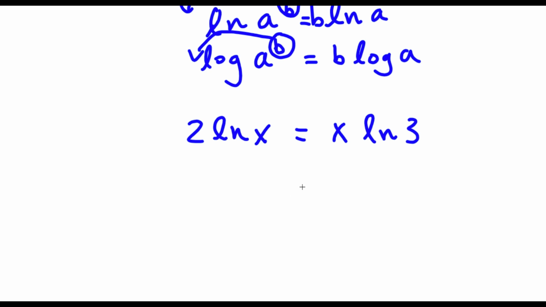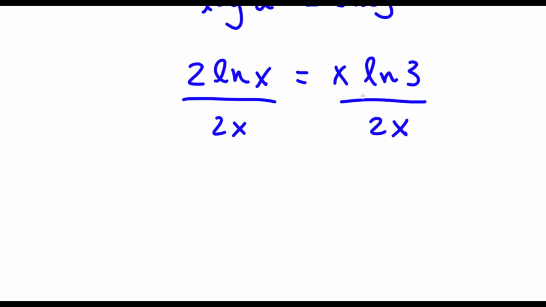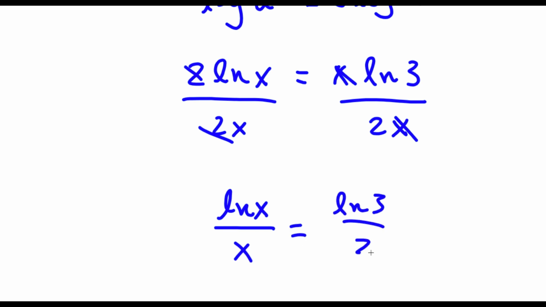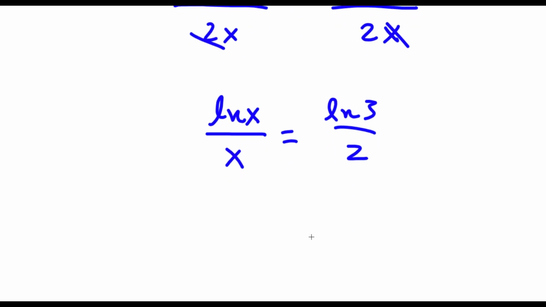Now I'm going to divide by 2x on both sides. So now from my right hand side, these two x's will cancel out. From my left hand side, these two 2's will cancel out. So I'd be left with ln x over x is equal to ln 3 over 2.